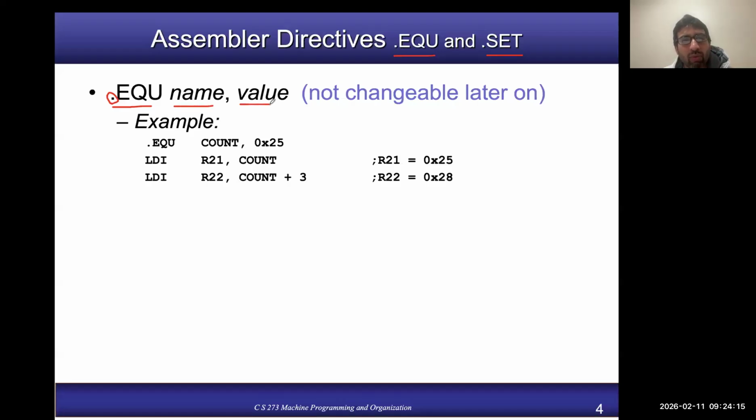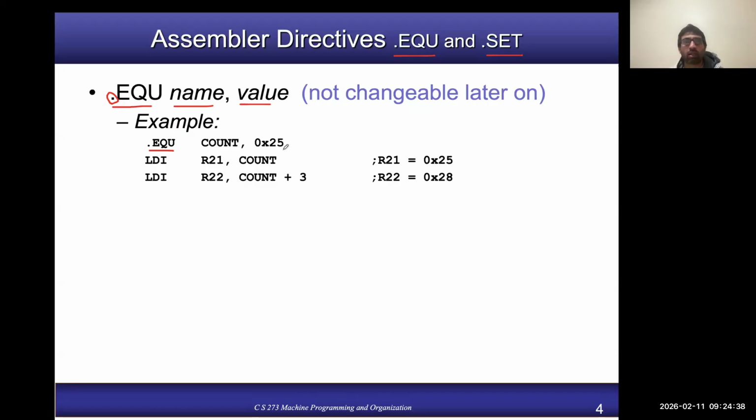So what is the meaning of this directive? You are basically saying that you want to define a constant and set it to a value. For example, here when you say .EQU count, 0x25, you are saying I want to equate count with 0x25.